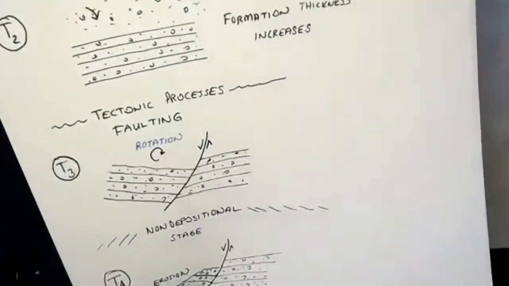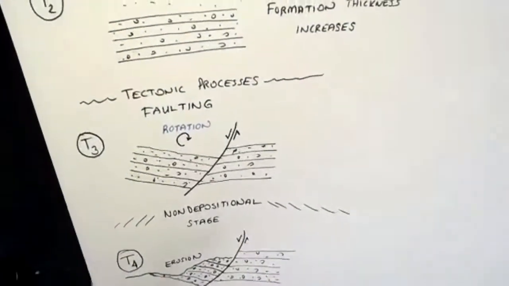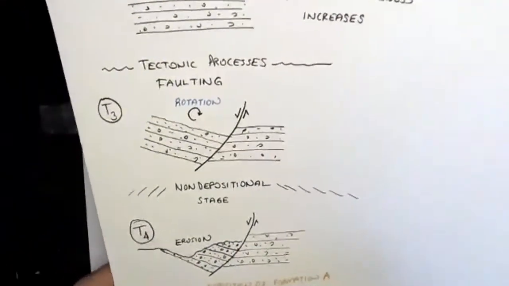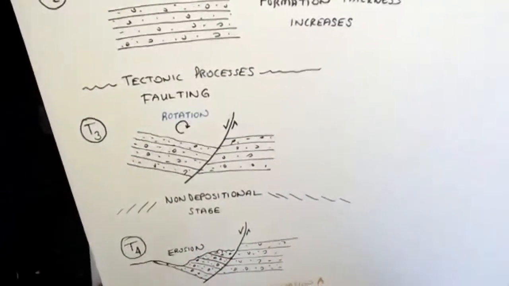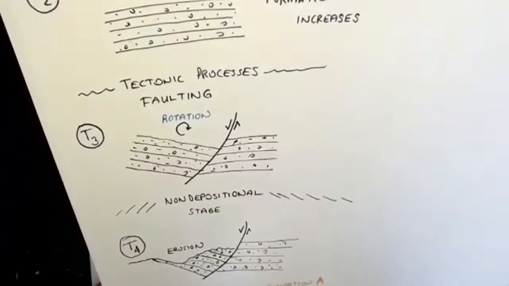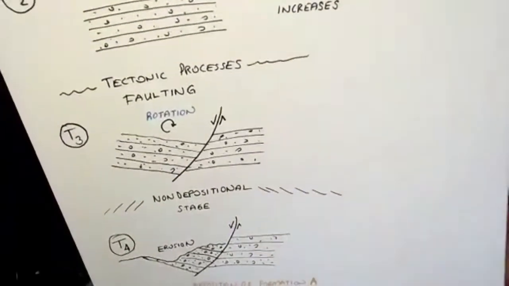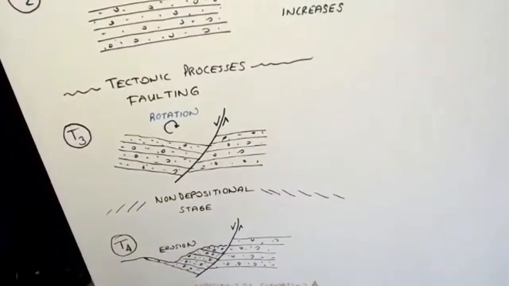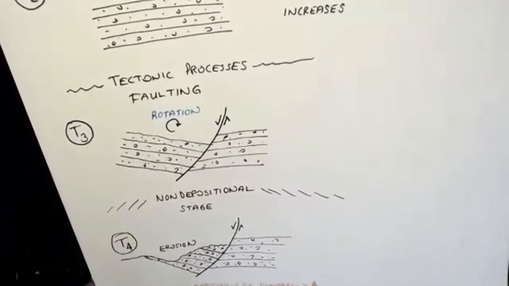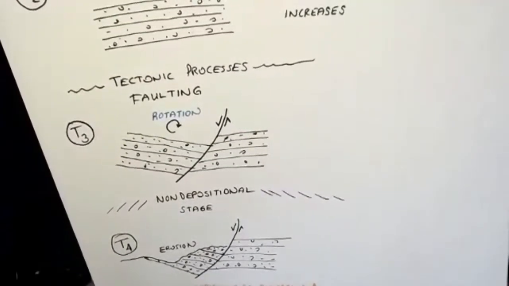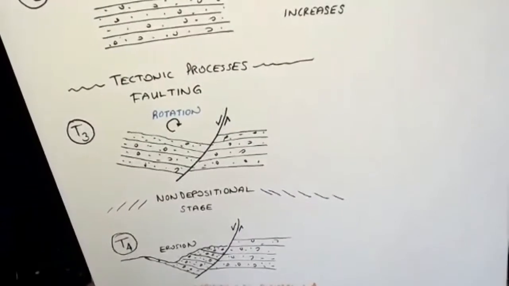After faulting, if this basin doesn't receive enough sediments, for some reason tectonic processes can stop or uplift around the basin can stop, and as a result of that, there can be a drop in sedimentation rates. That means this basin will receive less sediment or even maybe none.